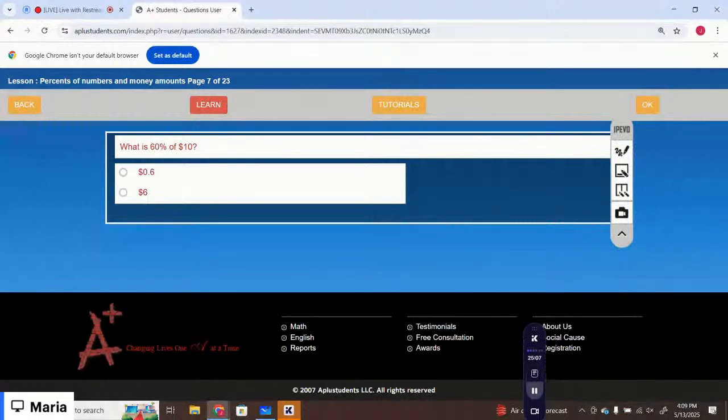What is 60% of 10, which is the correct option? 60% of 10 is 6. Option number 2 is the correct option.